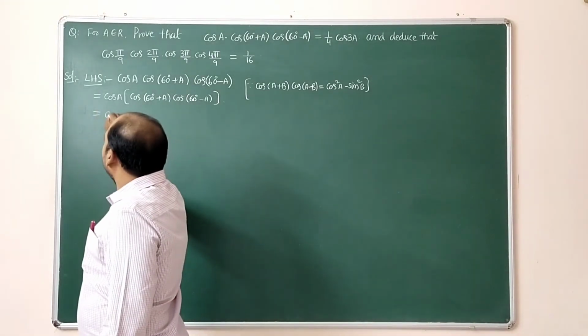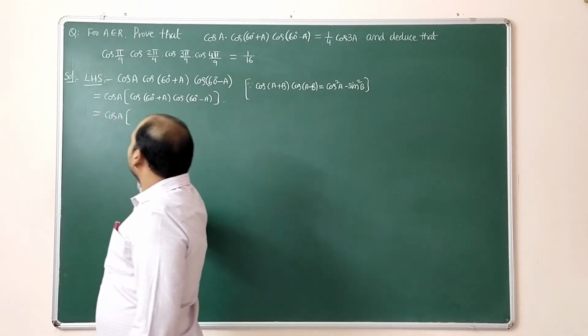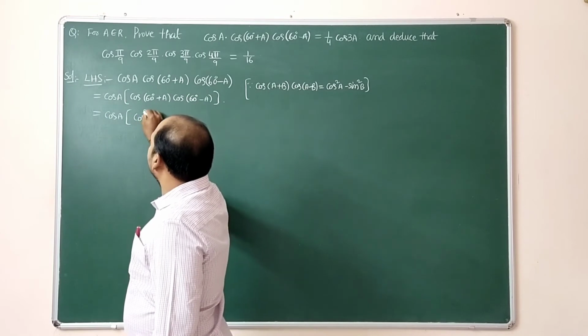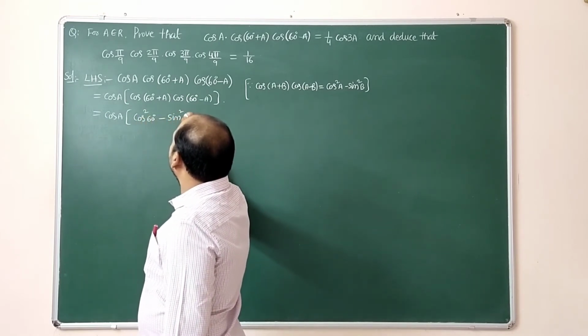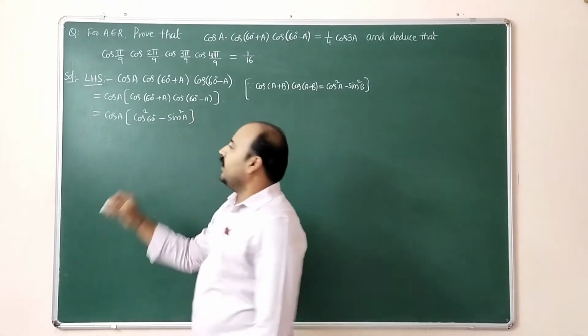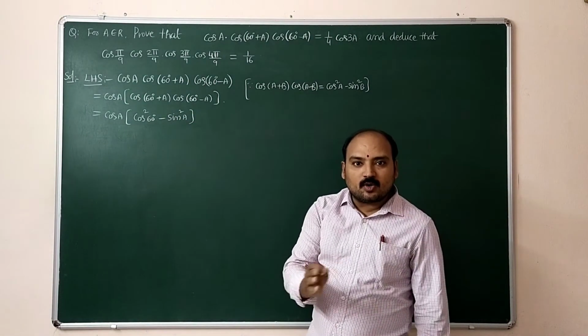So cos A into cos squared 60 degrees minus sin squared, in place of B, A is there, so sin squared A. Cos 60 value is what? 1 by 2.